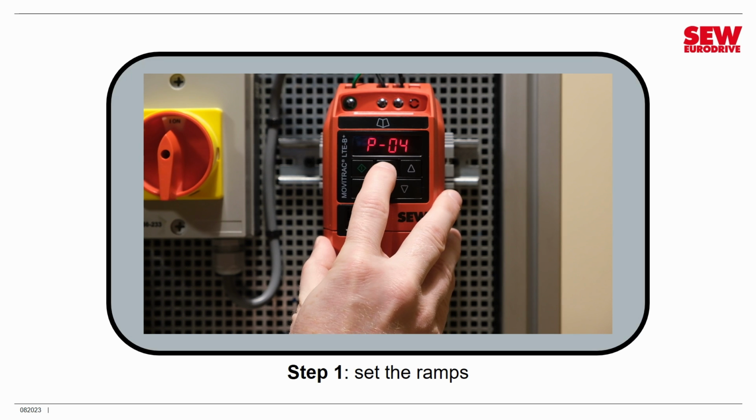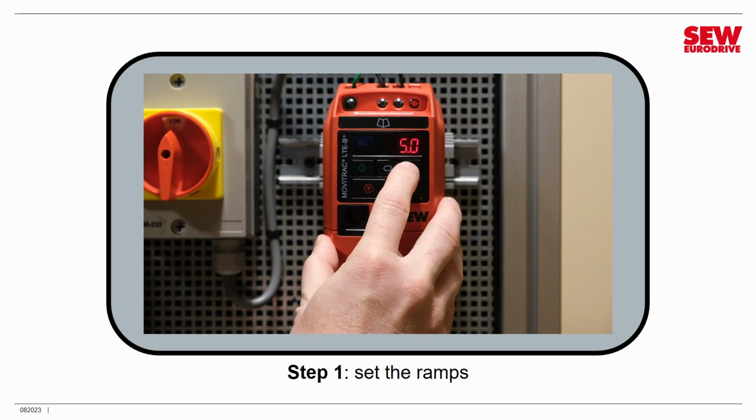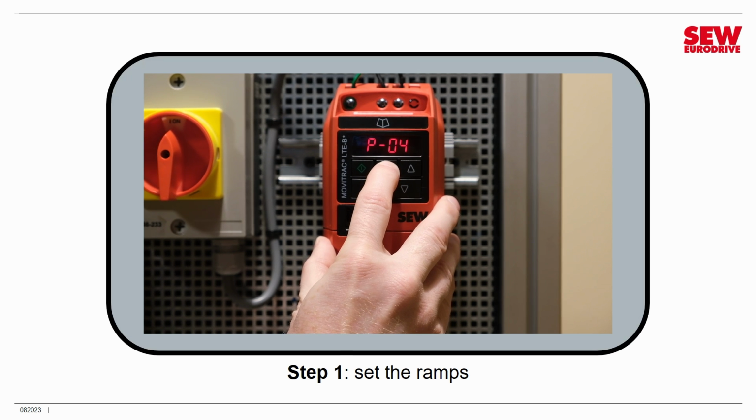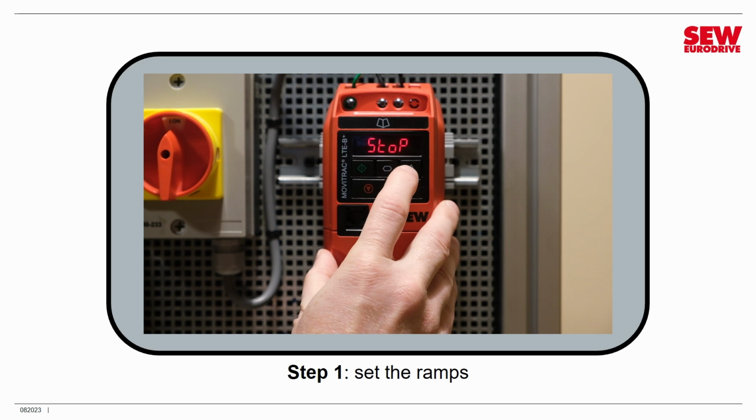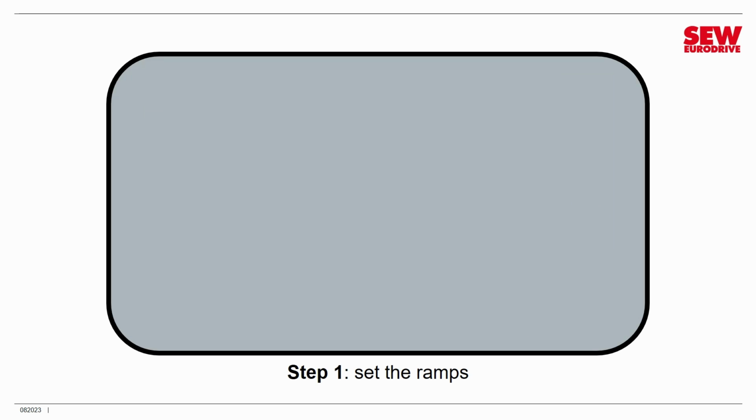Then we go to parameter 0.4 and we hit navigate again. And then we enter our second time for our other ramp, 6.7 seconds. We hit navigate again. And that is it. We've entered our 2 parameters. We'll hold down navigate for a few seconds to exit parameter edit mode. And now we're ready to go ahead and test our ramps.